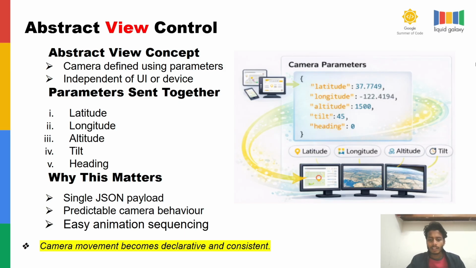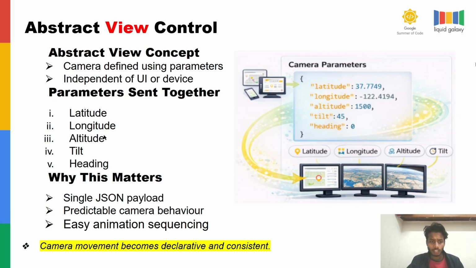So now that the KML is dynamic, the next step is controlling the camera in a clean, reliable way. This slide introduces the idea of abstract view control. Instead of moving the camera through UI actions or a button click, we describe the camera using simple parameters. We define where the camera should be and how it should look and nothing more. These parameters are things we already understand.